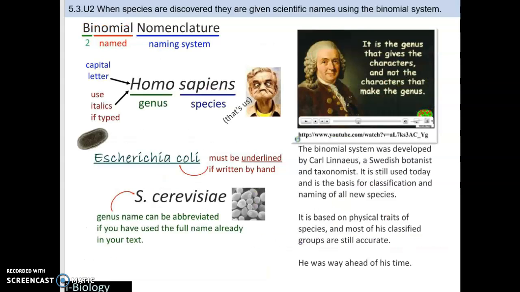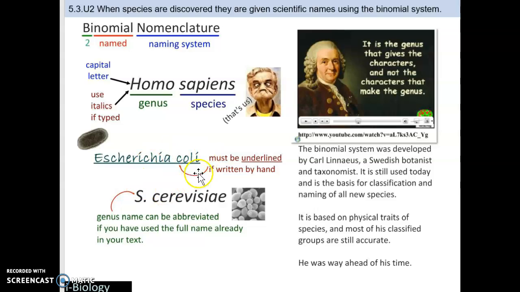So it's all part of this binomial nomenclature, which sounds really fancy, but it just means a two-named naming system. If you divide that up, binomial is two-named, and nomenclature is just a naming system. So you, as a living thing, have your genus and your species. Generally, it'll be written in italics, with a capital letter on the first part, the genus, and the second one is going to be lowercase.